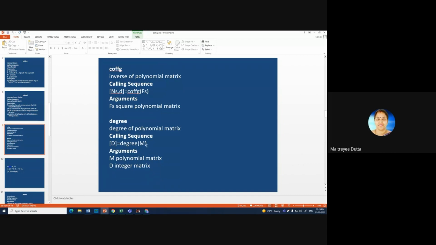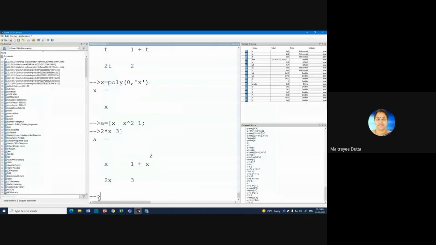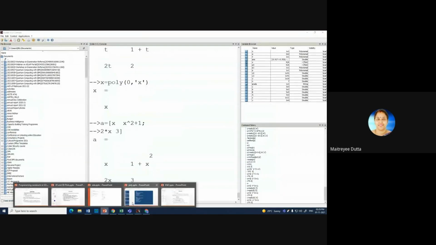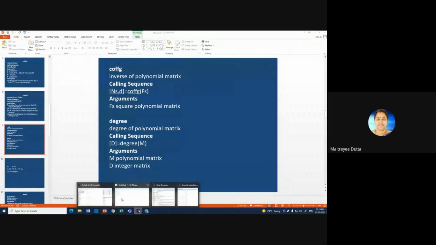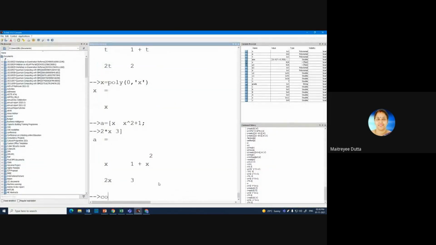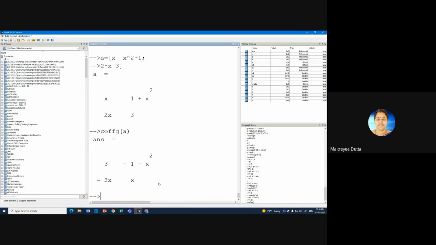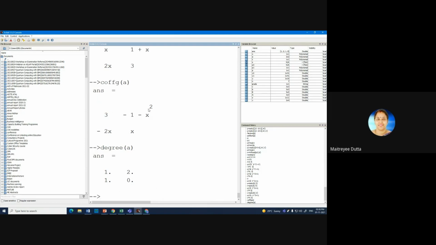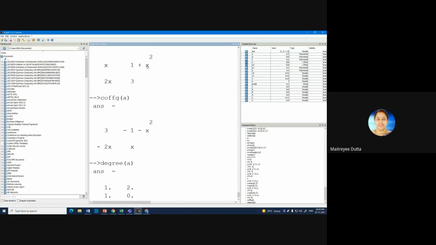Now I will write COFFG of A, so it will give me the inverse of this polynomial matrix A. And if you write degree of A, it will give the degree of each polynomial. The first one has degree 1, this one has degree 2, this one has degree 1 because x to the power 1, and this one has degree 0.